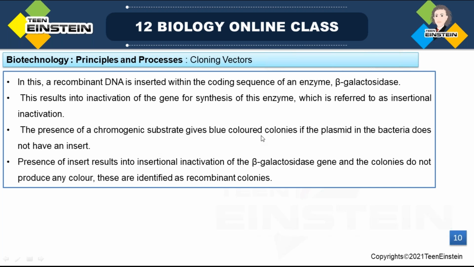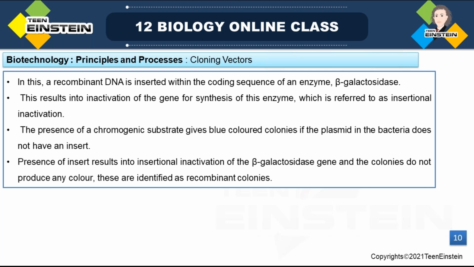Without an insert, it has the capacity to produce the enzyme; it is not getting inactivated. Insertional inactivation is not happening, so it will produce that enzyme, and when enzyme and substrate react, it will give blue colored product.